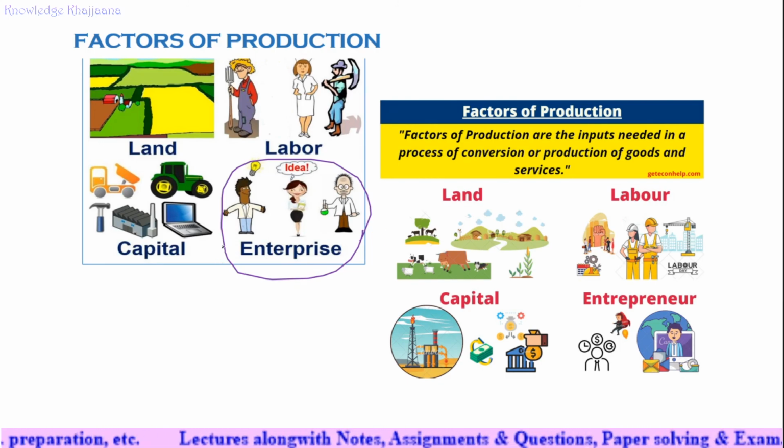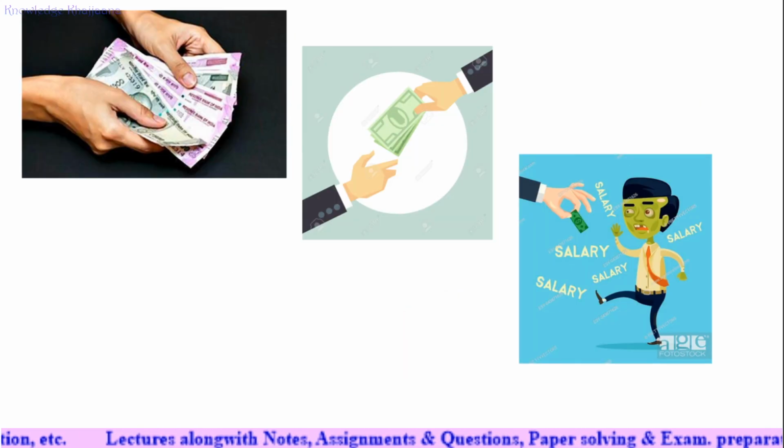Factors of production are the inputs needed in the process of production of goods and services. Land is there, labor is there, capital is there, and entrepreneur is there. And what is given to them? This is the reward or remuneration paid for the services given by them.